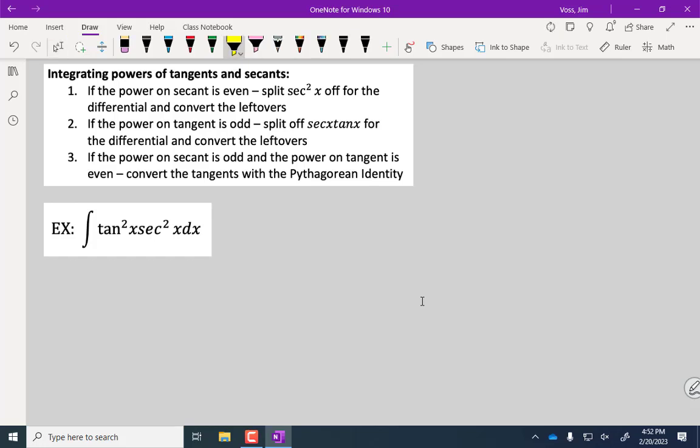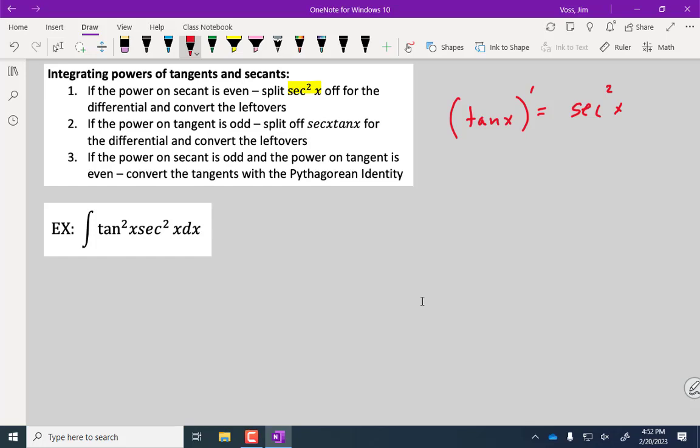So if the power on secant is even, we're going to pull off secant squared. All right, so let's think about this. The derivative of tangent is secant squared.